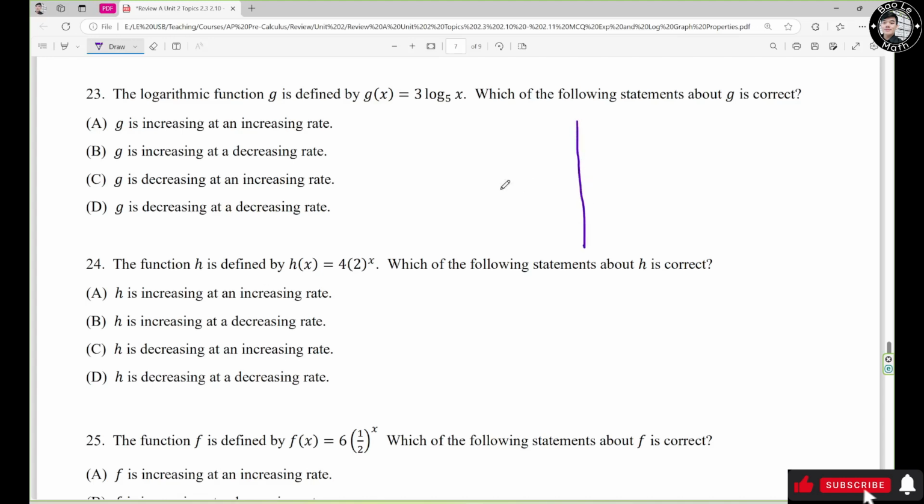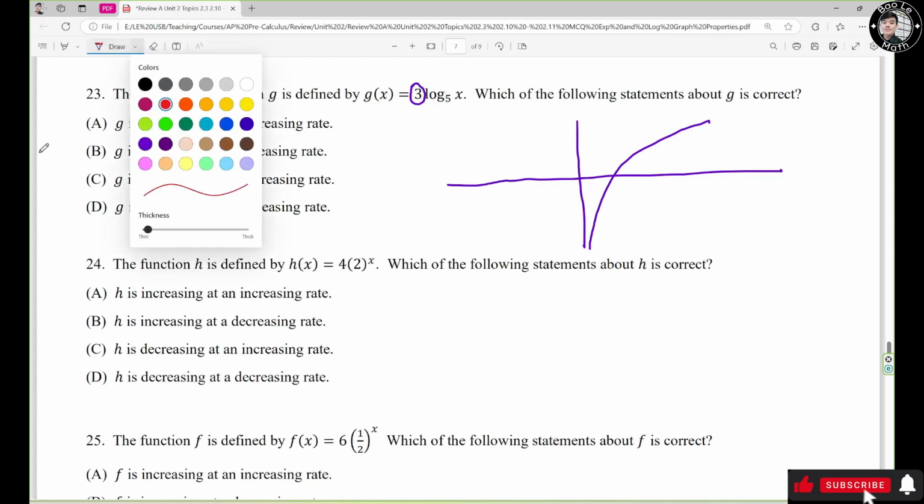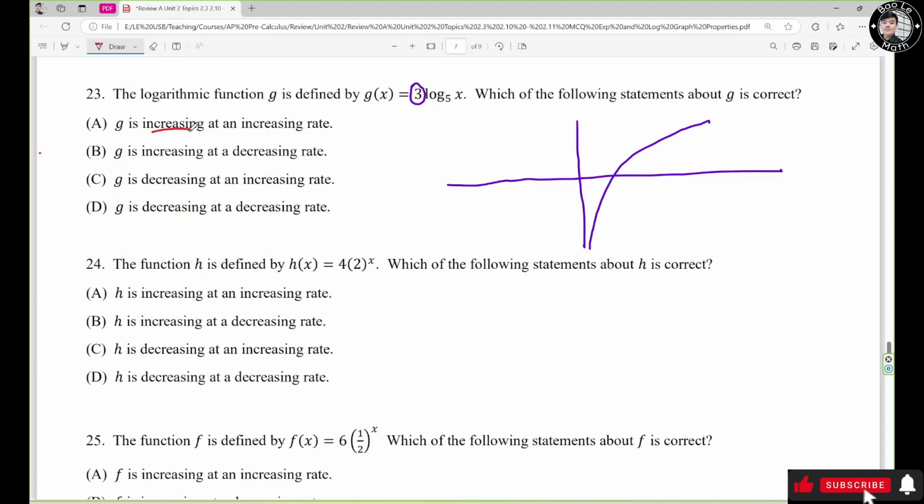So the logarithmic function is going to be like this. Alright, so look at this one right here. The coefficient in front of log base 5 of s is positive, so there is no reflection, right? So it could be like this. Now, answer choice A. The function g is increasing, yes, right?